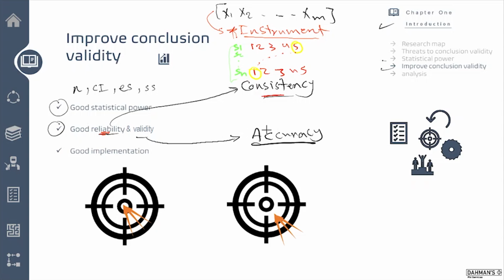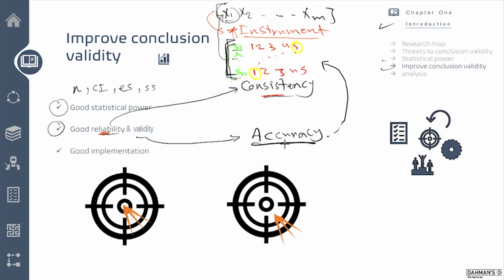Basically the factor of accuracy goes all the way back to the number of statements that you have defined. Now consistency is quite a bit more specific within the statements. You are designing the idea within the statements that one is the reverse of the other. But accuracy considers the actual statements, the number of statements you have chosen to capture the value of a certain variable.